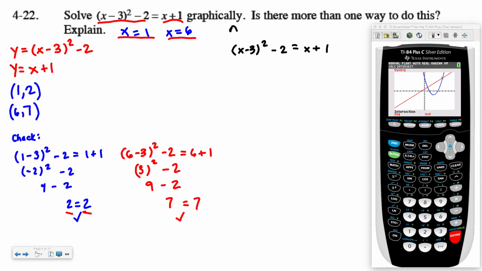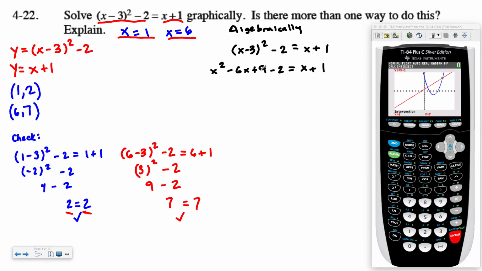If I was going to solve this algebraically, I want you to make sure you remember that. We would take this and multiply the two binomials together, and we should end up with x squared minus 6x plus 9 minus 2 equals x plus 1.